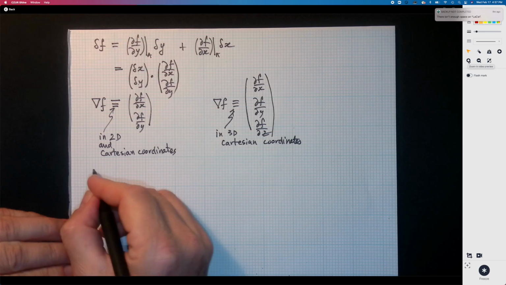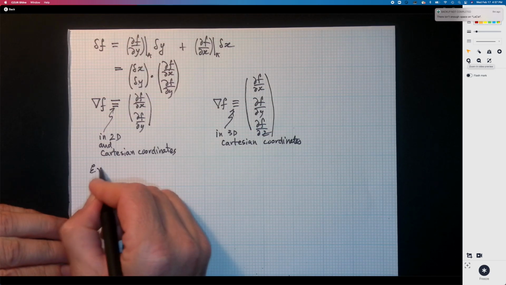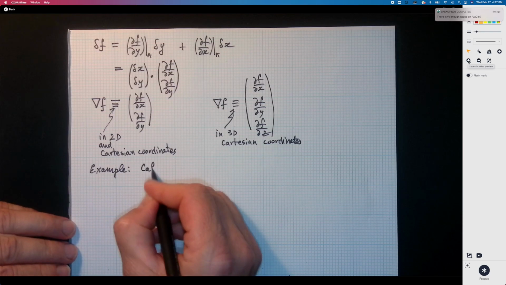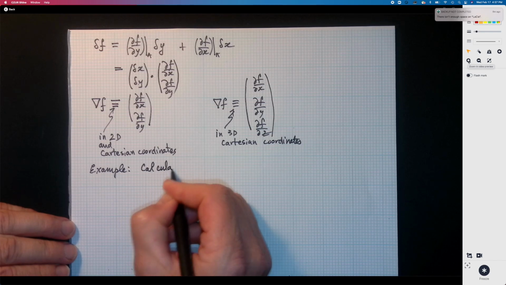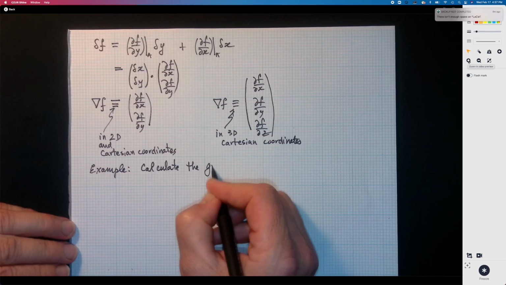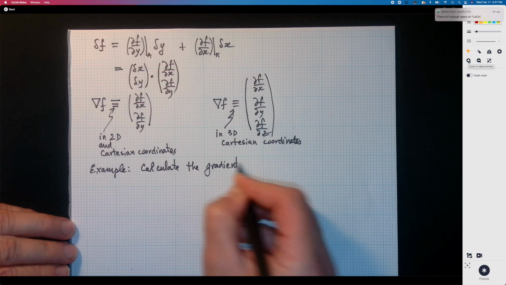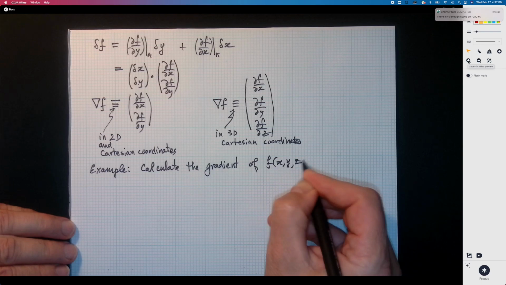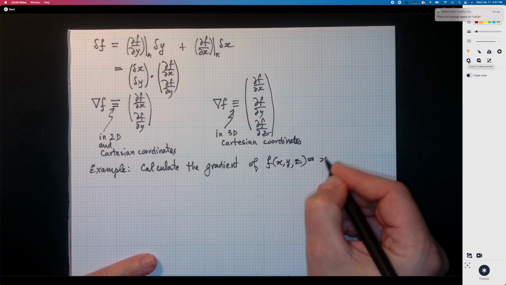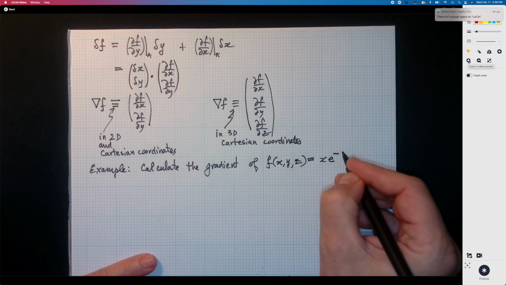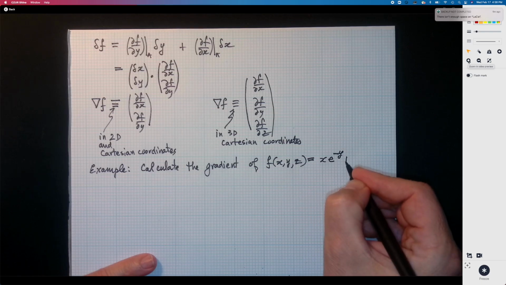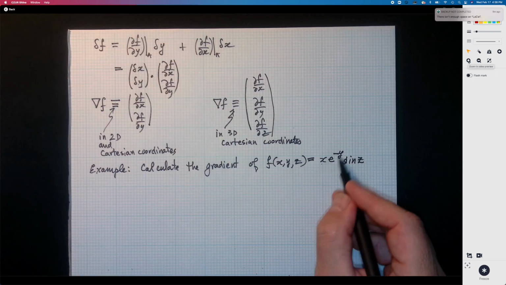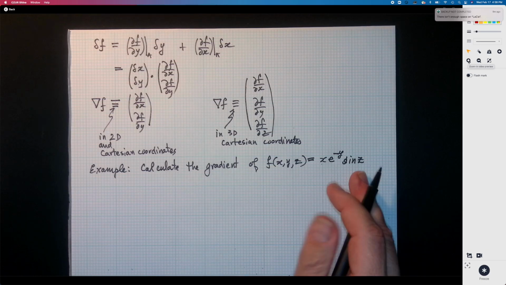So I think it's useful now to do an example of calculating the gradient. So this function is x times e to the minus y times sine of z, and we want to calculate its gradient.